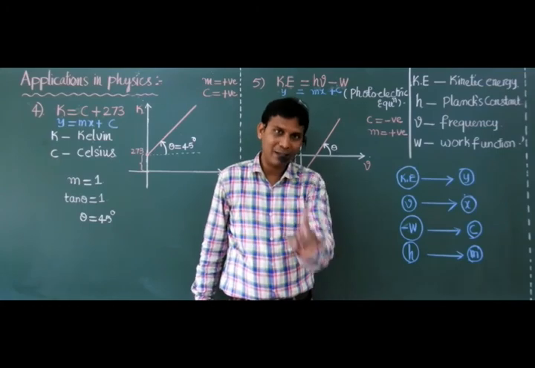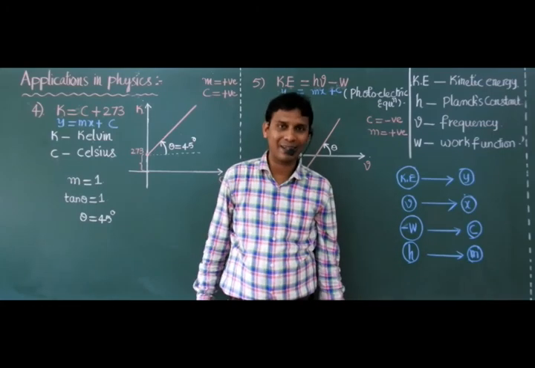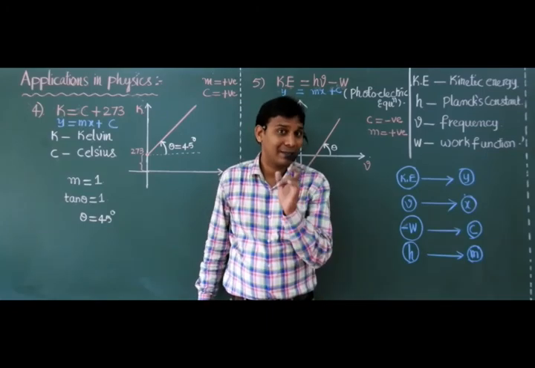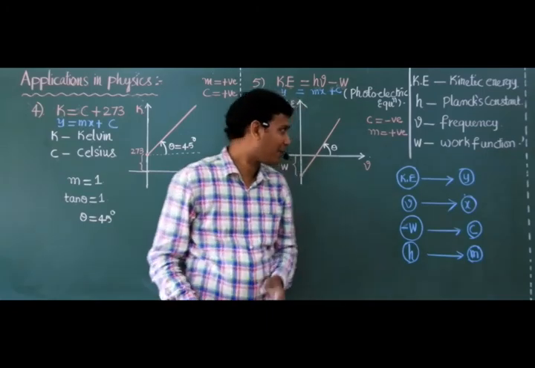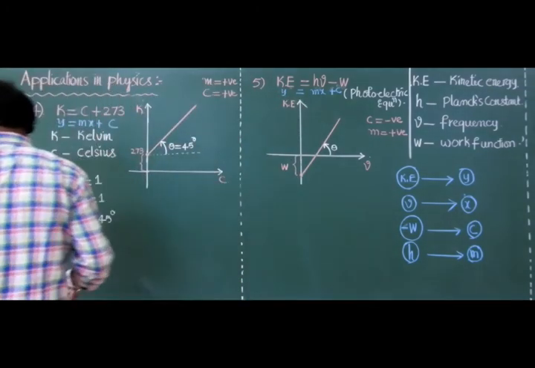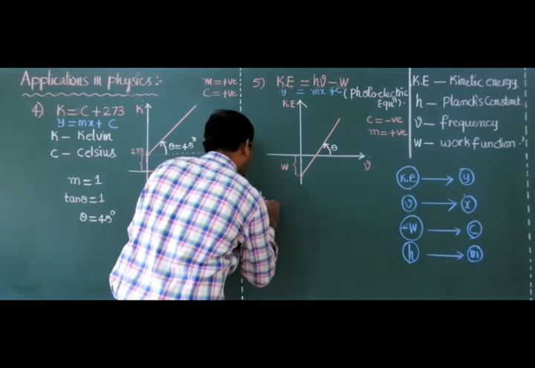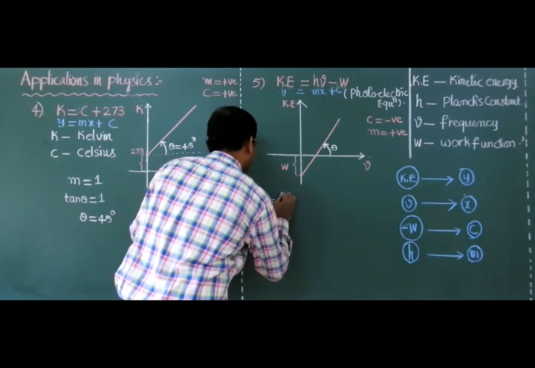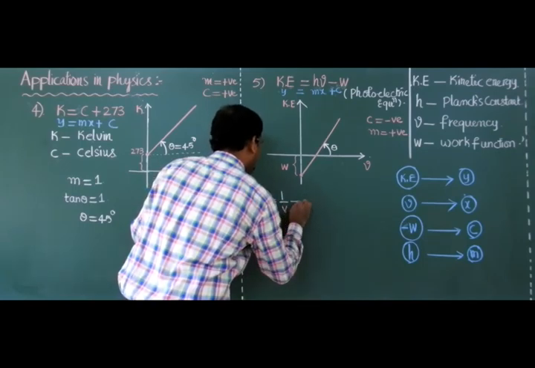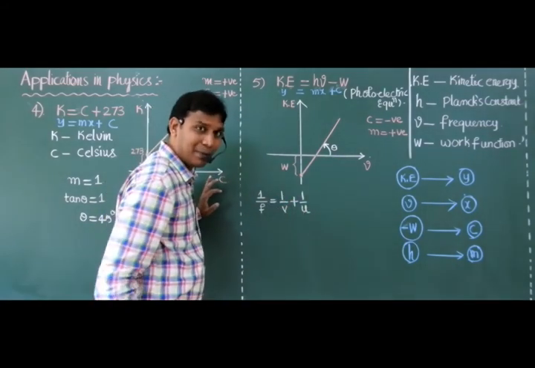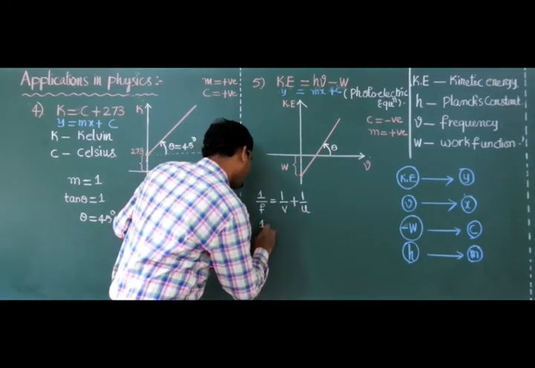I will give one more example, but I will not draw the diagram. I think in 10th standard you studied the lens formula and mirror formula. Do you remember the lens formula, mirror formula? Simple. Mirror formula, lens formula: 1 by f equals 1 by v plus 1 by u.